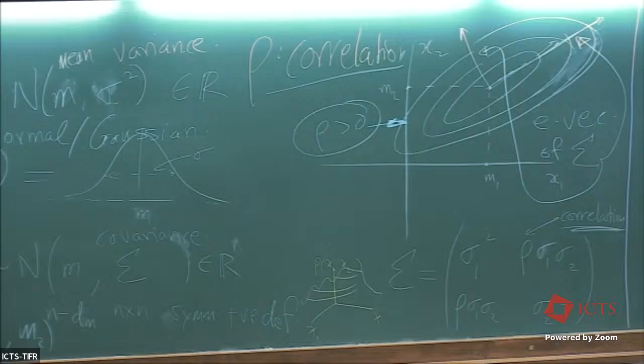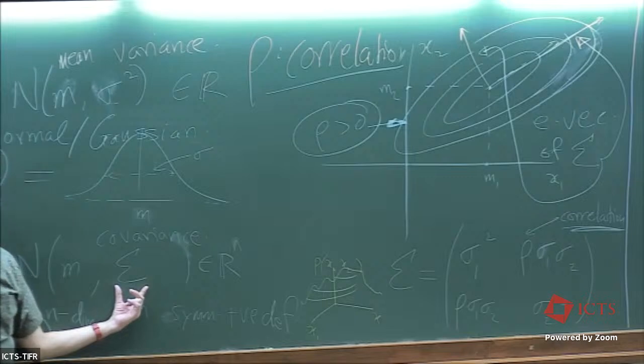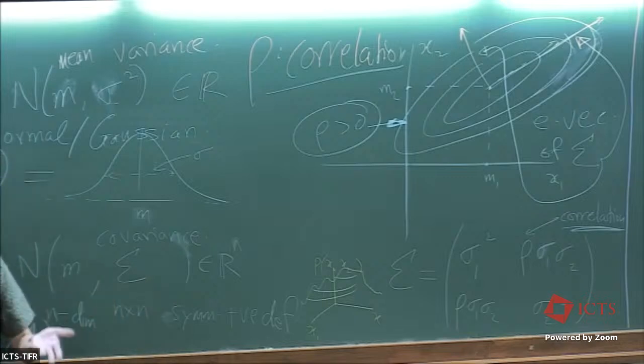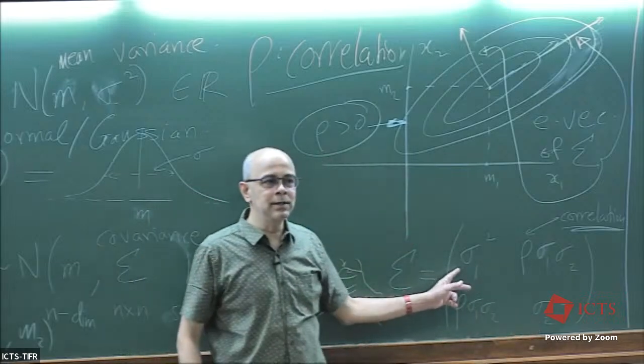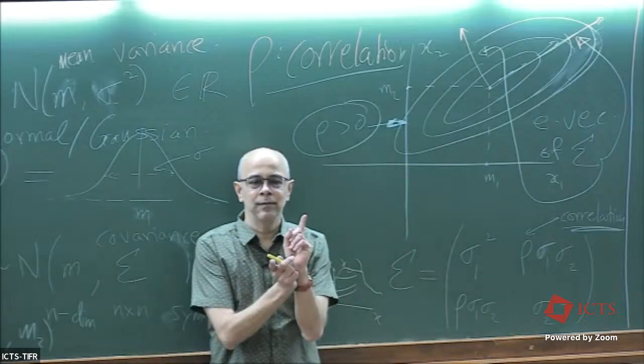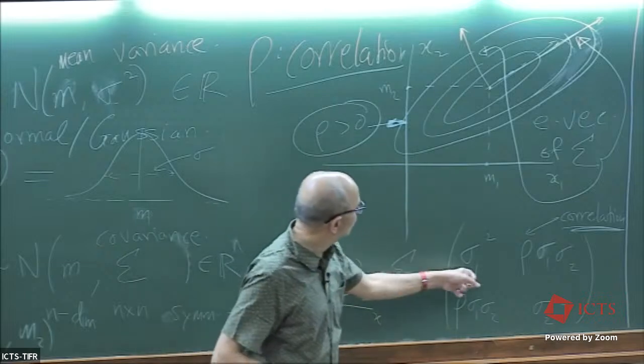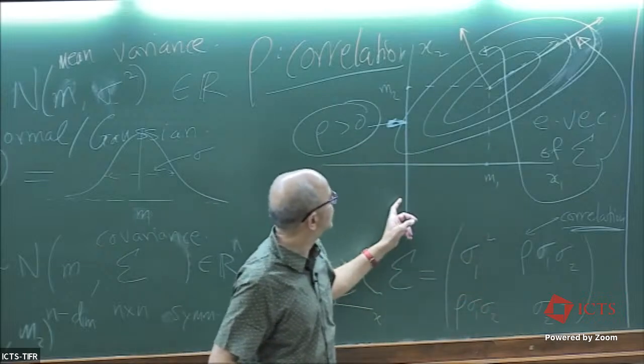So in general, a higher dimensional Gaussian random variable has two important quantities associated to it. One is the mean, and the other is the covariance. The covariance consists of multiple things. One is just the variances or uncertainties in individual directions. Sigma 1, sigma 2 are the standard deviations of x1 and x2.